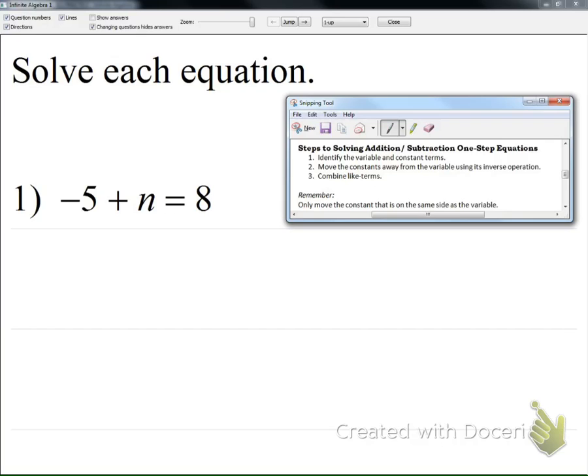So we can solve this equation using 3 steps. The first step is identify your variable and constant terms. This will help you determine what you need to move. So I like to put squares around my constants and circles around my variable terms. Don't forget to include the signs when you're identifying your constants and your variable terms.